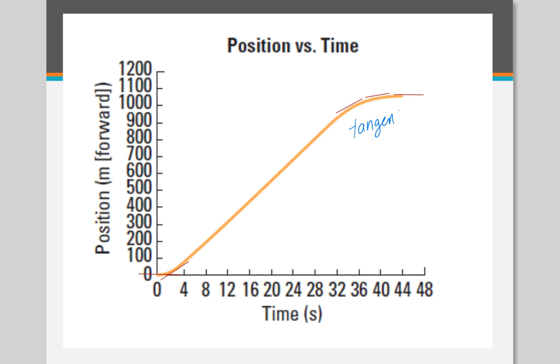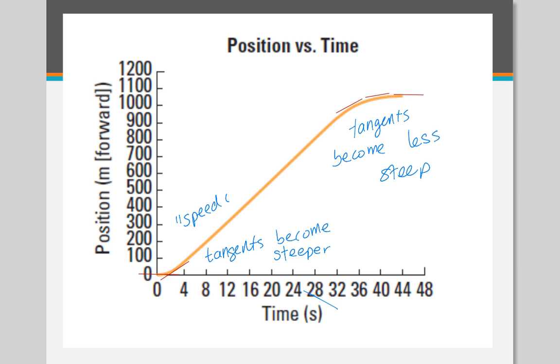Tangents become less steep. Tangents become steeper. So that would be speed up. This would be speed down.